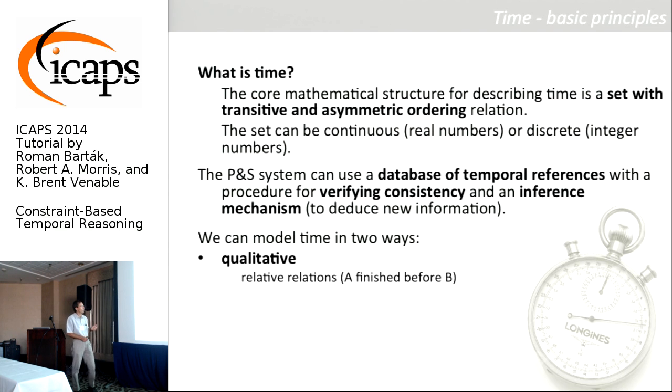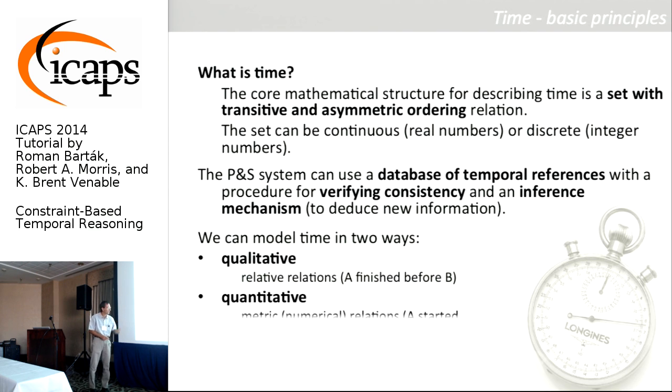So the first approach is the qualitative one. In the qualitative approach, we are not working with numbers. So we capture time relations in a relative way. A is before B, or interval C meets interval D. So there are no numbers, just relative relations between the temporal assertions. Or, if asked, we can use the quantitative approach, meaning we will have numbers.